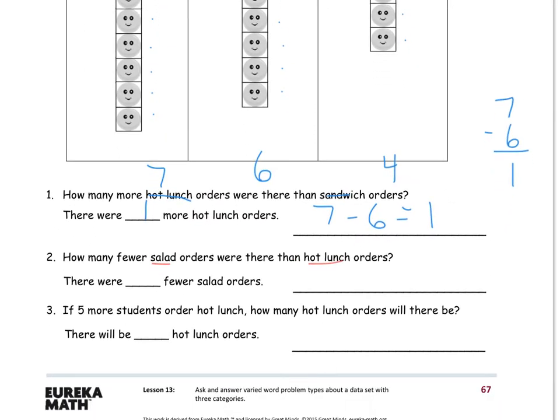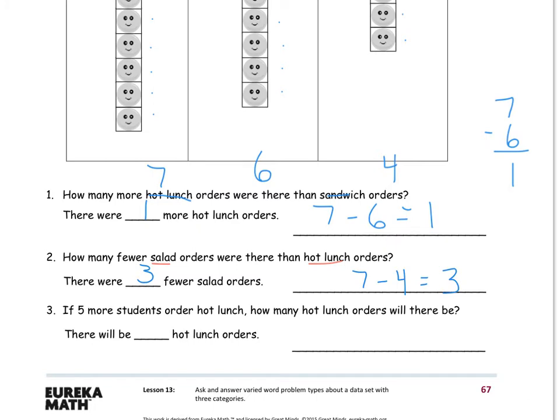And again, I'm finding a difference because I want to know how many fewer were there. So 7 minus 4 equals 3. And that shows me that there were 3 fewer salad orders because I'm trying to figure out how many more I would need for salad to make it equal to the hot lunch, which is 7. So how many more from 4 would make that 7?